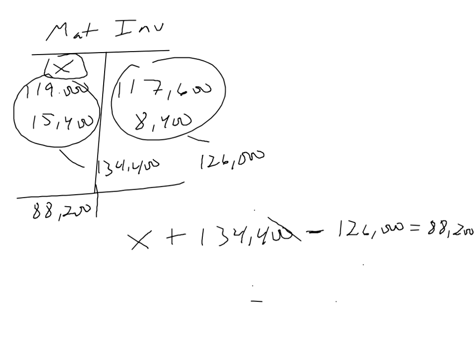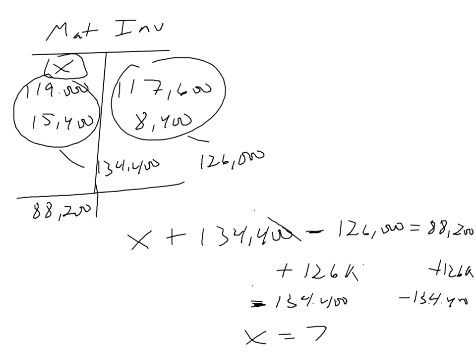All right. So we add $126,000 to both sides, and then we subtract 134,400 from both sides, and then finally we get x equals 79,800.